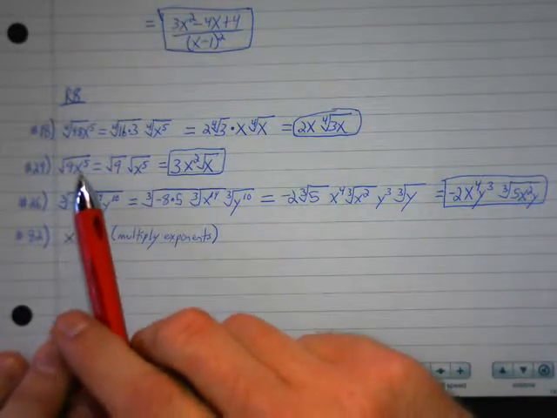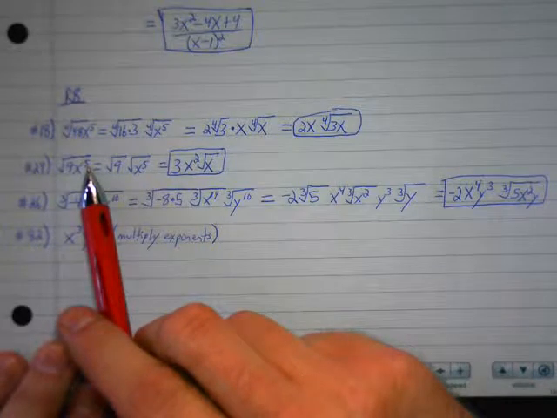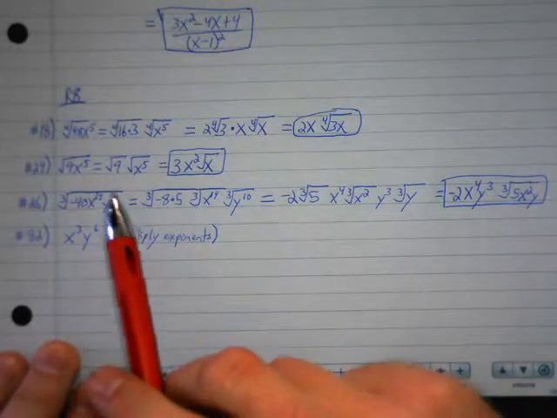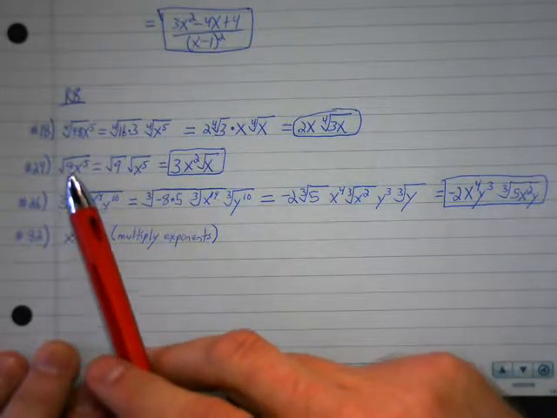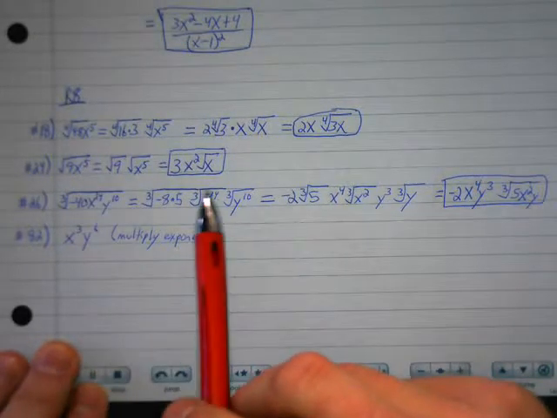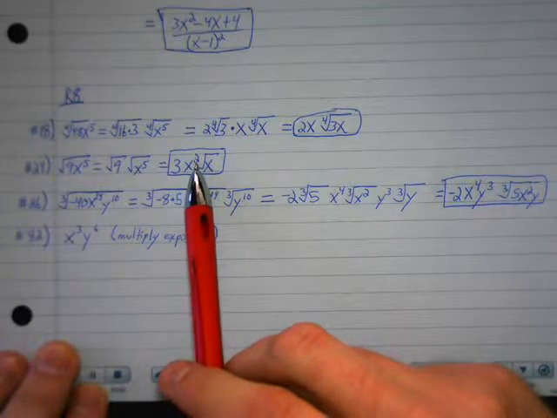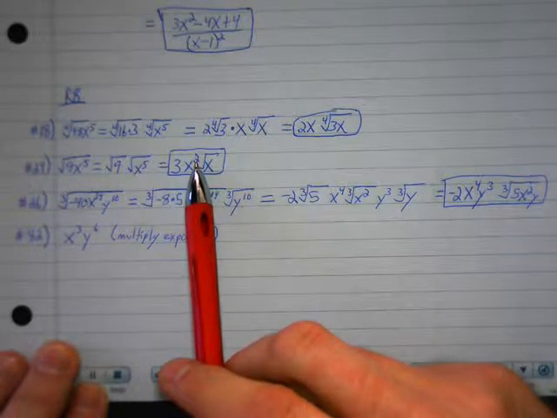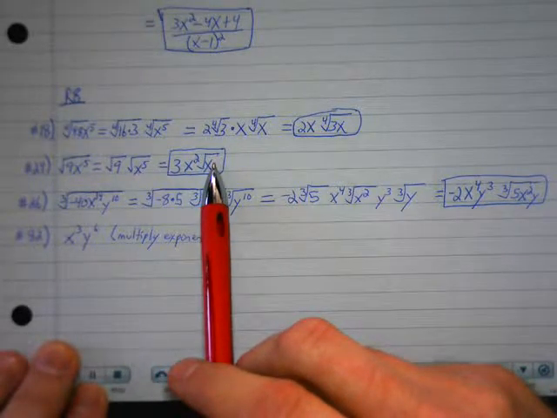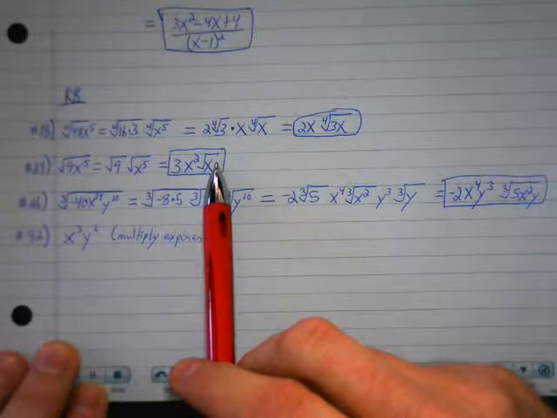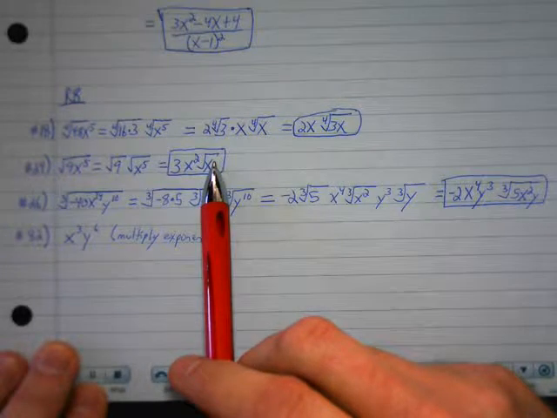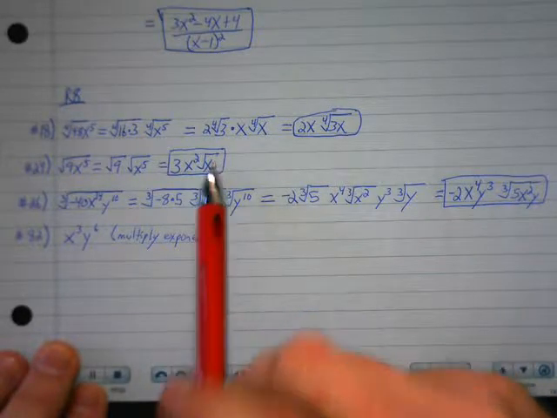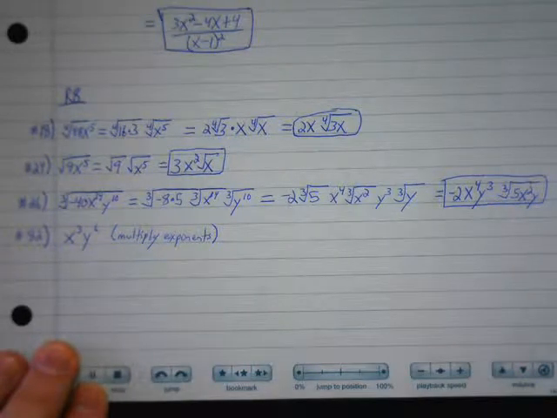And then when you square root x to the 5th, the idea there is, when you look at a square root, how many x squareds will go into x to the 5th? 2 will go into x to the 5th with 1 left over. Okay, so you have x squared outside and then x to the 1st still inside the square root. Okay, so that's section R8.